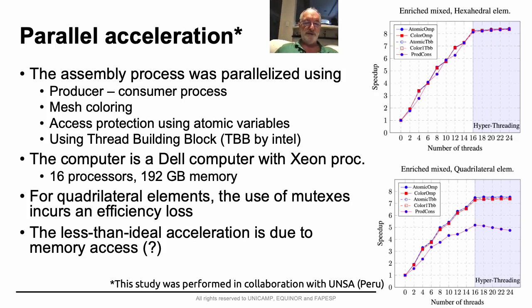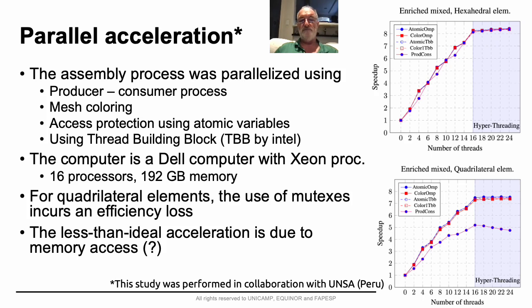What we observed is that when you used mutexes, and you see here the curve, it was absolutely not efficient in terms of parallelization; the use of mutexes incurred a large efficiency loss. We also observed that we were able to accelerate only by a factor of 8 with 16 processors. We can't really explain it.